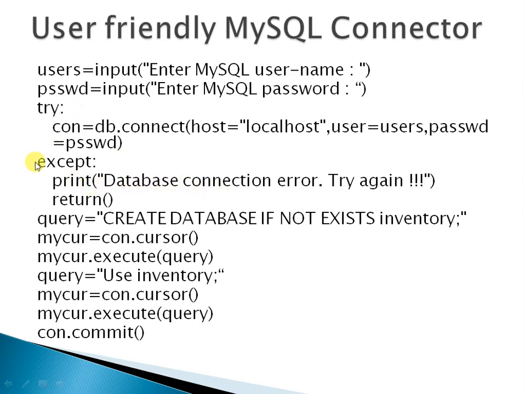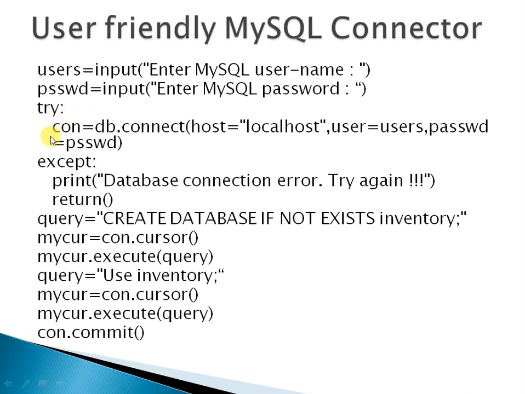So this try and except block is used to check if there is any error in the program. If there is any runtime error, if you provide an incorrect username or password, then this code will not run, and this statement will be printed. Okay, so this is called exception handling using this try and except block.